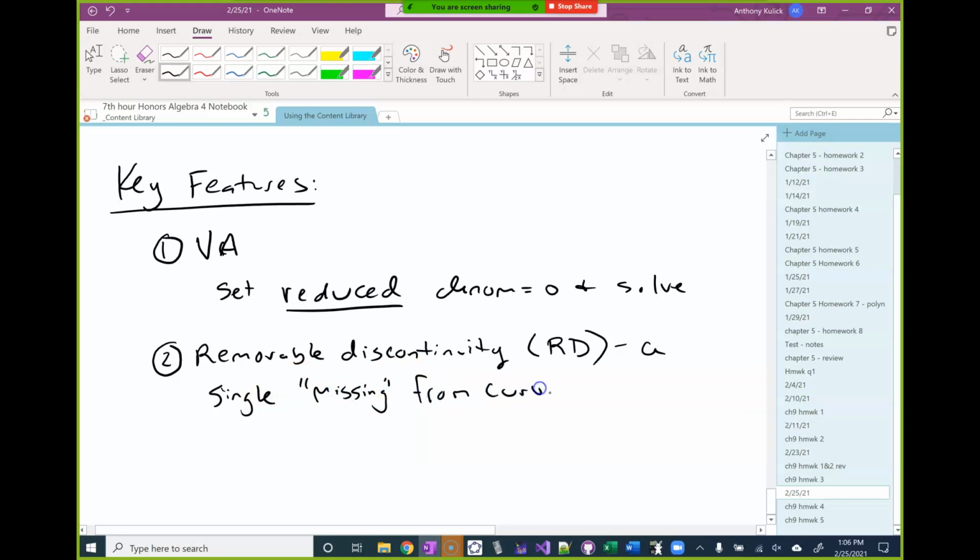That's basically what we're talking about when we talk about a removable discontinuity. These removable discontinuities will be the same value as the restrictions that would be caused when we reduce a problem.